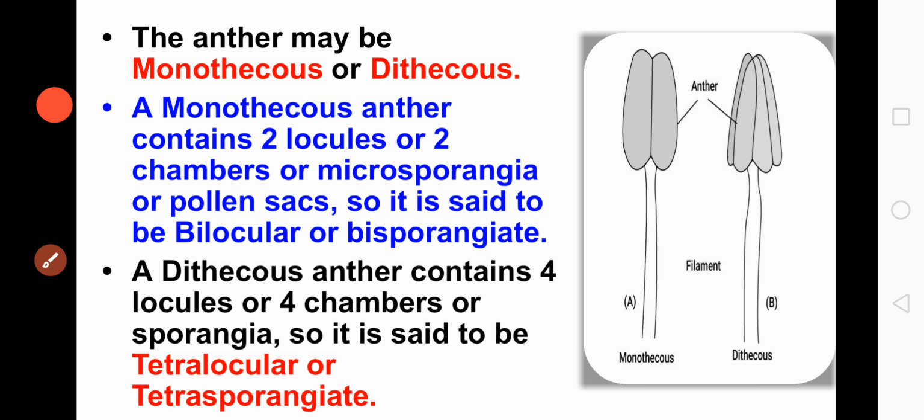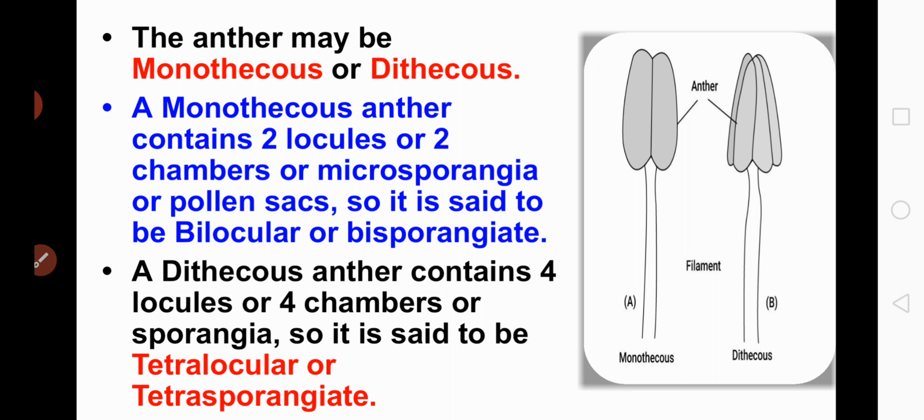Now the anther may be monothecous or dithecous. The anther is the tip part of the stamen. Monothecous means the anther is unilobed, that is, single lobed.